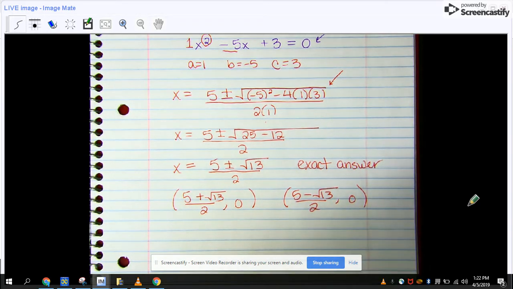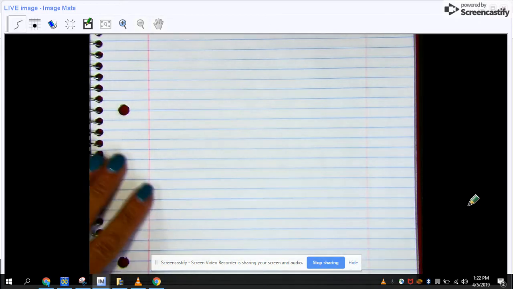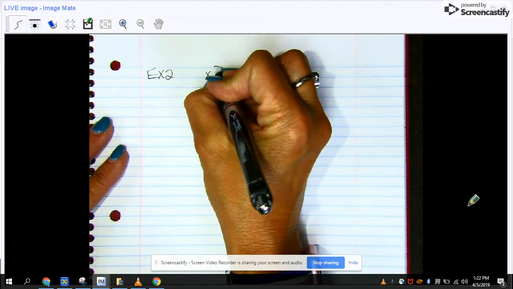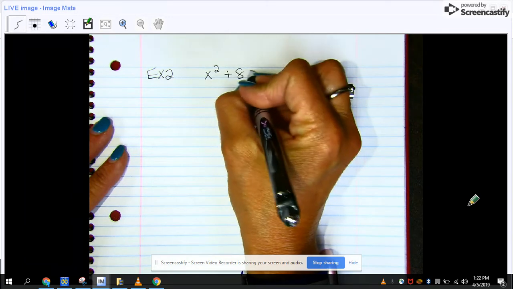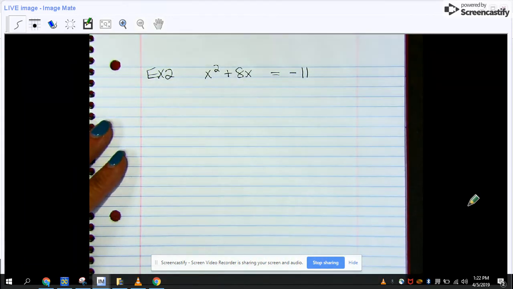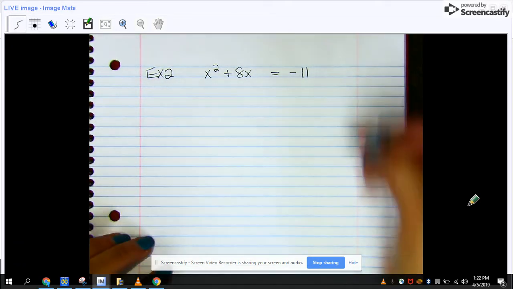All right, let's do another one. x squared plus 8x is equal to a negative 11. So the first thing we need to check is that it's equal to 0, which it's not.